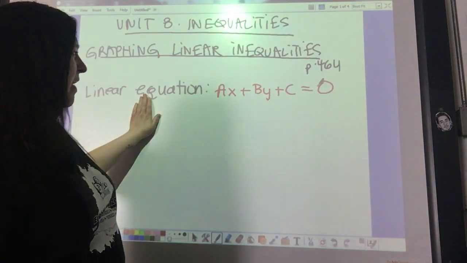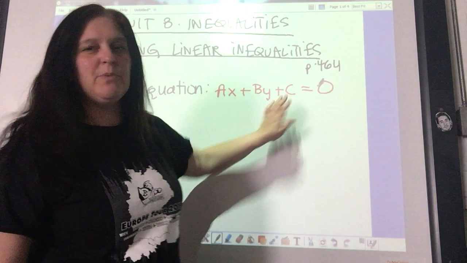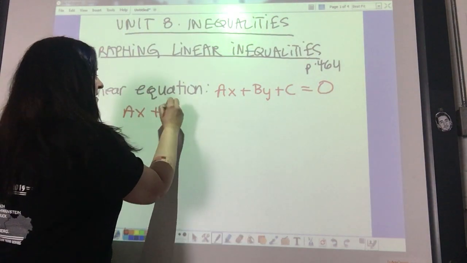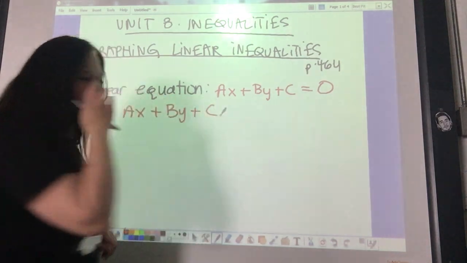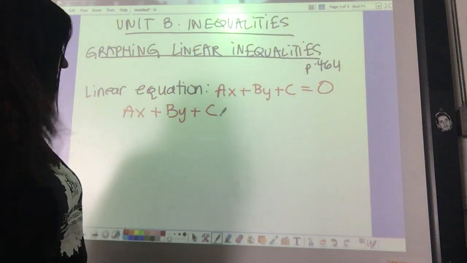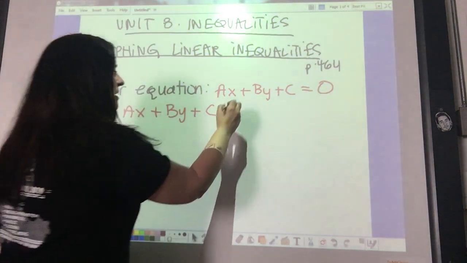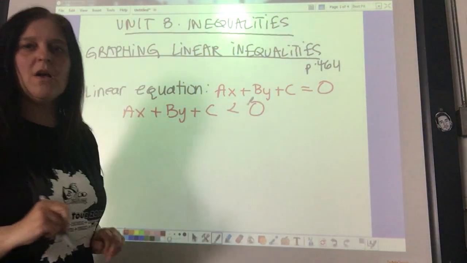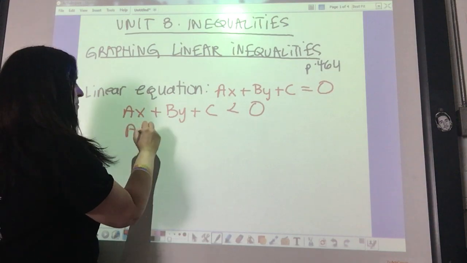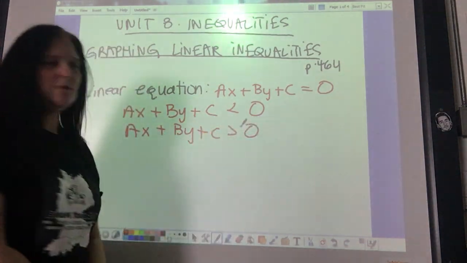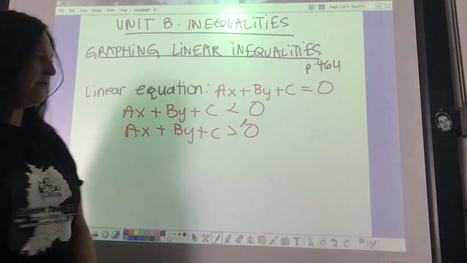So if a linear equation is when ax plus by plus c equals 0, what's a linear inequality? We have 4 types of linear inequalities. Sometimes instead of being equal to 0, it could be less than 0, or it could be greater than 0. Okay, well those are only 2 options. I said there's 4.